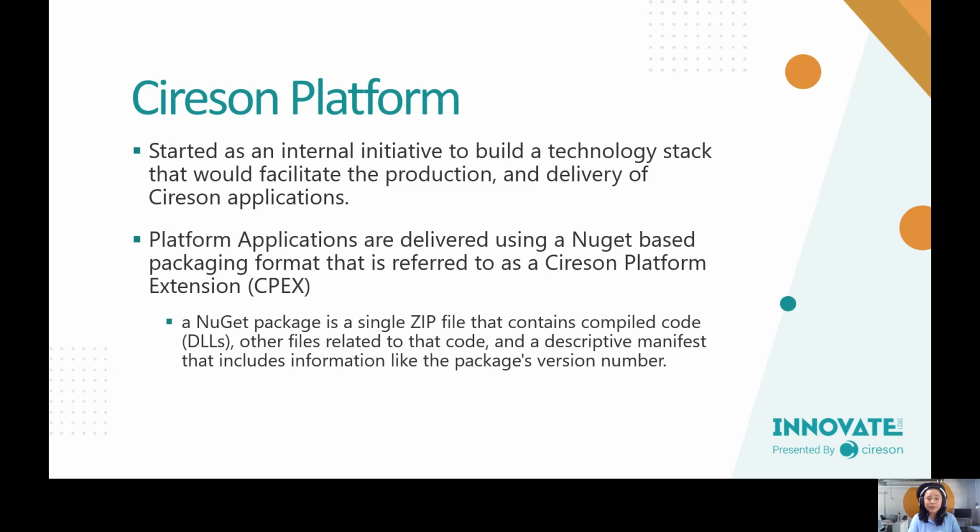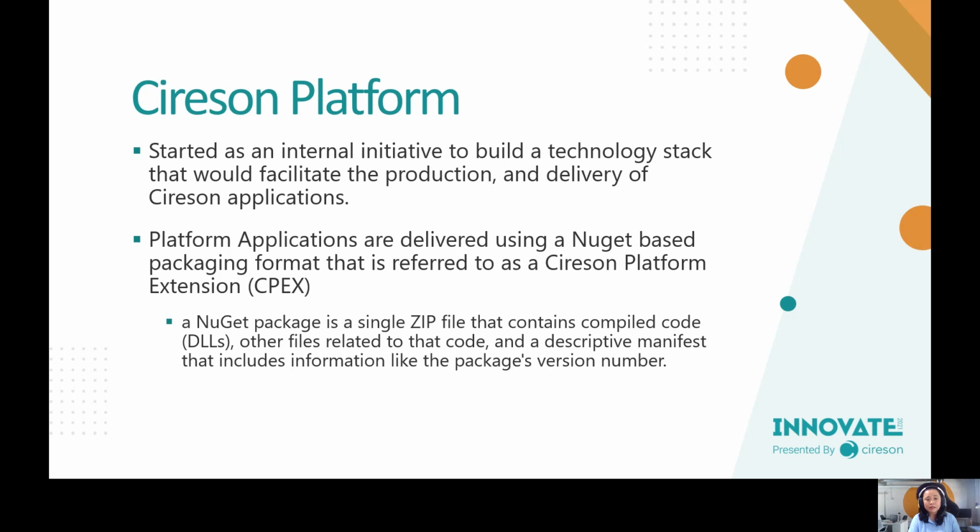Then the portal consumes the CPEX package by dropping it in an installable folder and letting the platform service handle it, consume it, and install it over to the portal.